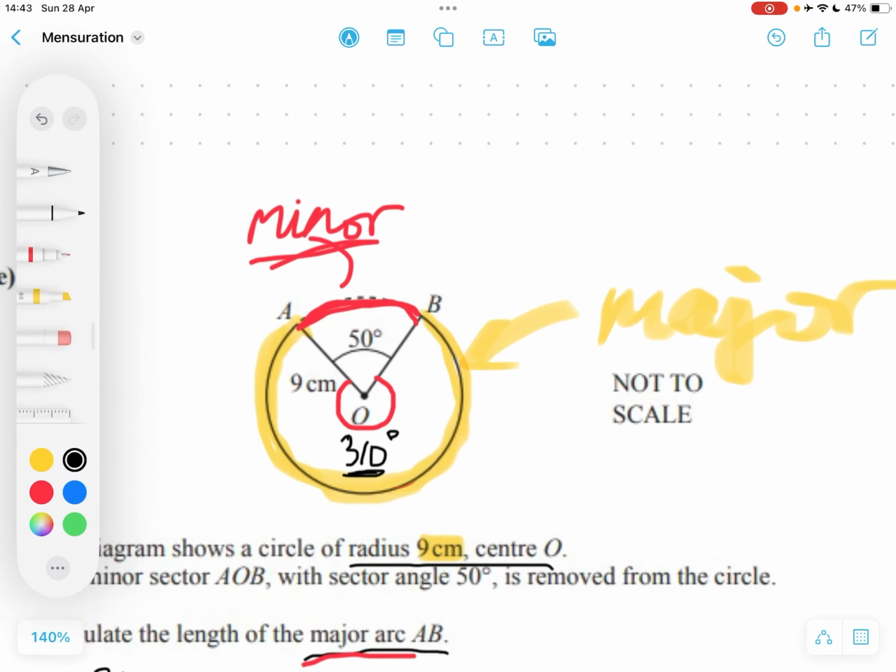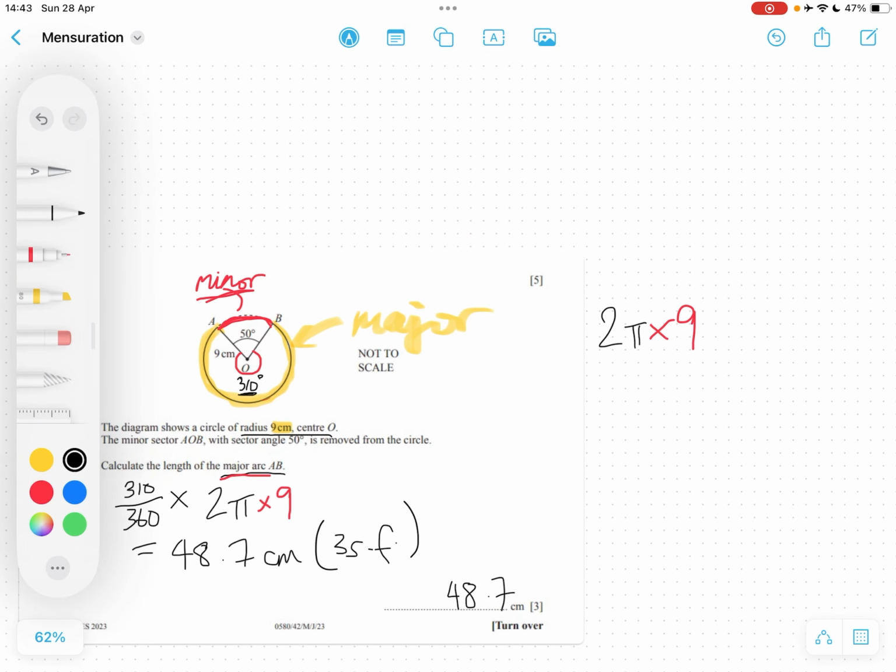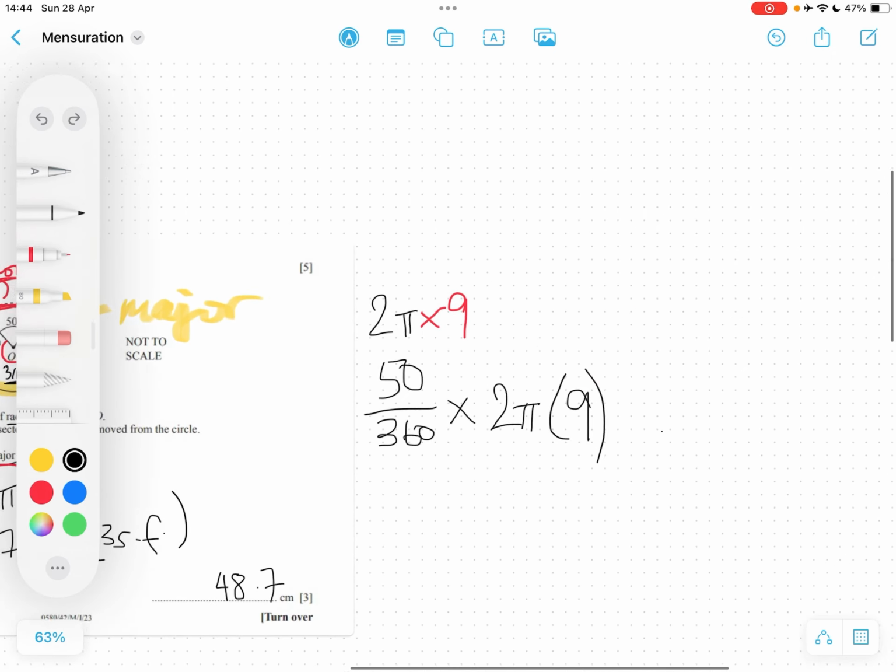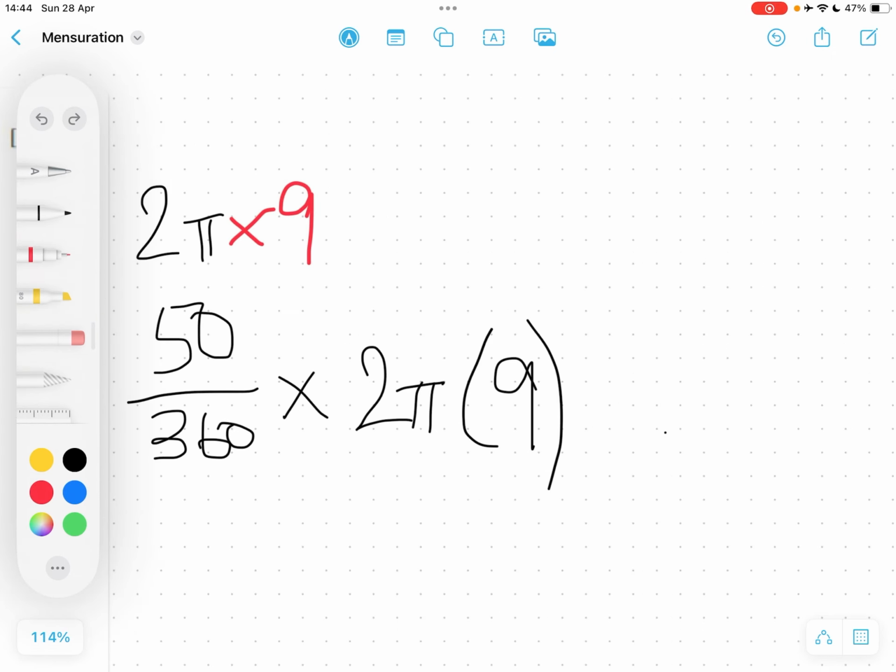And we know that the minor arc is, again, 50 degrees, so it's 50 divided by 360 as a fraction of the circumference, multiplied by 2 pi times 9. And then we subtract it from the entire circumference.